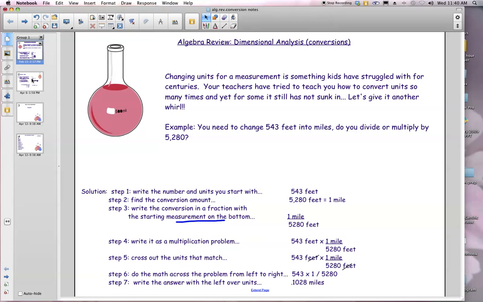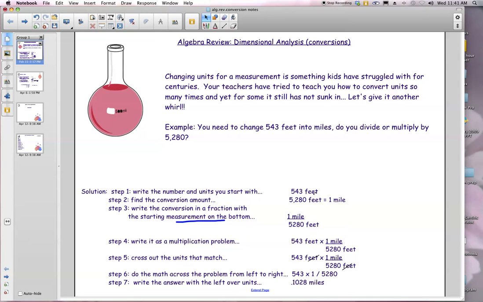Let's try one more. Maybe. Oh, come on. All right, well, those are the conversions.